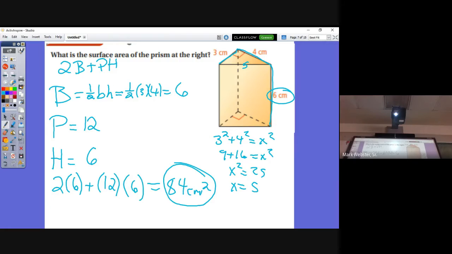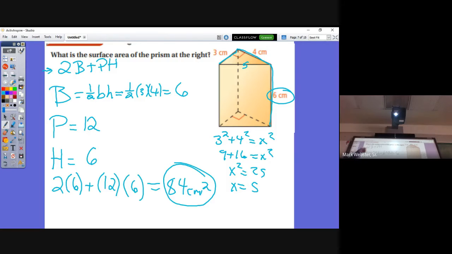So when you're doing this, one of the things that's going to make a huge difference is just writing out as much as you need to. But the way this is set up, you don't need to remember any extra formulas except for this.